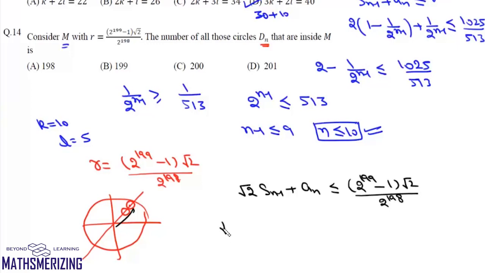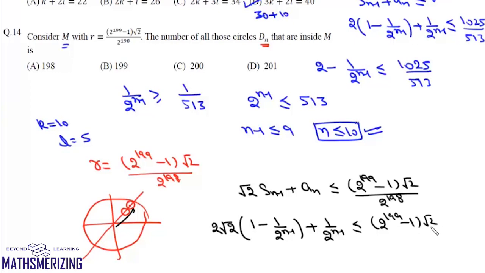Now this is root 2. Now S_(n-1) is 2 into (1 minus 1 upon 2 to the power of n minus 1), plus 1 upon 2 to the power of n minus 1, will be less than or equal to (2 to the power of 199 minus 1) root 2 upon 2 to the power of 198.